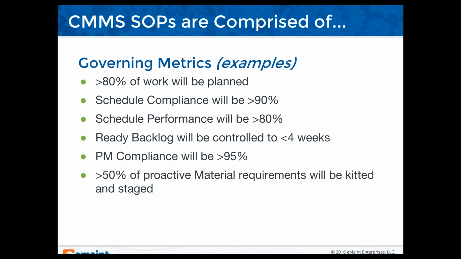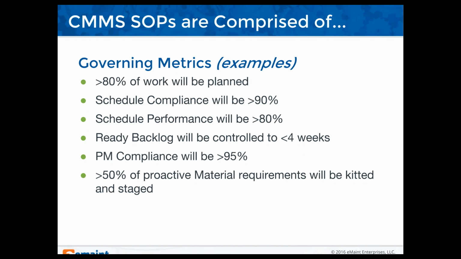When it comes to more metrics, again, the standards like 14224 and SMRP, very, very useful. We've got some examples here, and in terms of our CMMS maintenance SOP, it gives some guidance as to the road we're intending to travel in terms of trending some of the reports and metrics in relation to the implementation of our system, aiming for greater than 80% of the work would be planned, 80-20 rule.